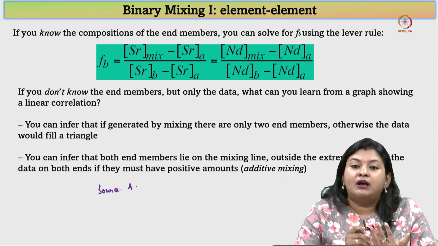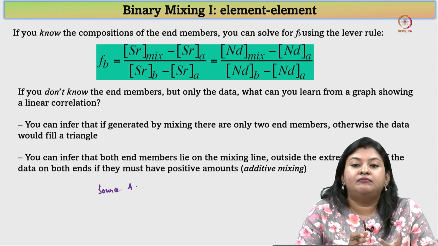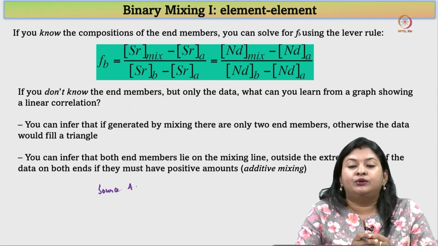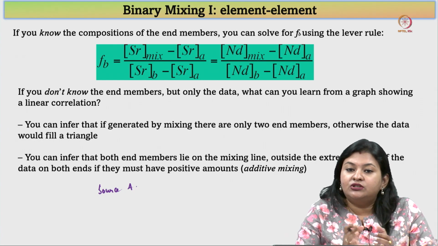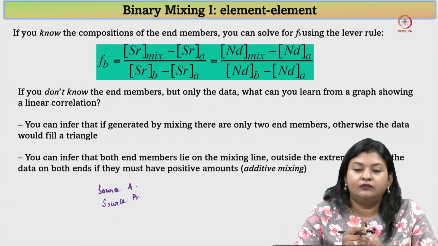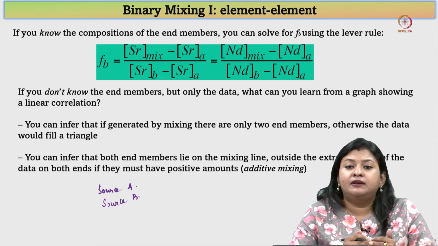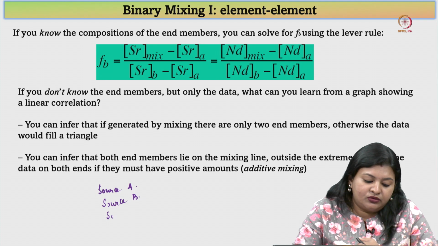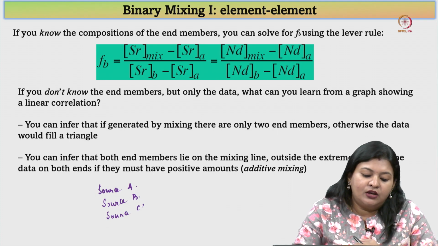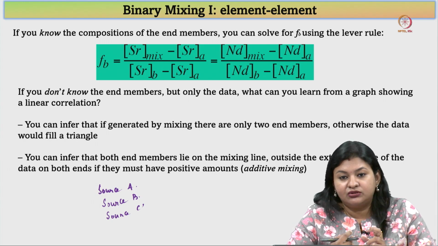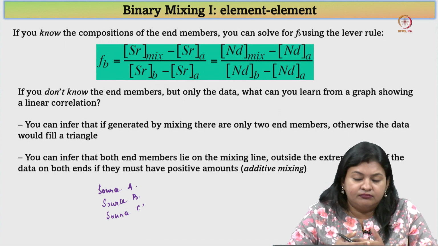Then there can be some other interactions. For instance, in the basin there can be weathering going on, there can be biotic interactions going on. So, such things can be your source B. There can be some anthropogenic contributions coming, that can be your source C. So, the number of sources coming to a lake that can cause changes in the chemistry of the lake can be many.